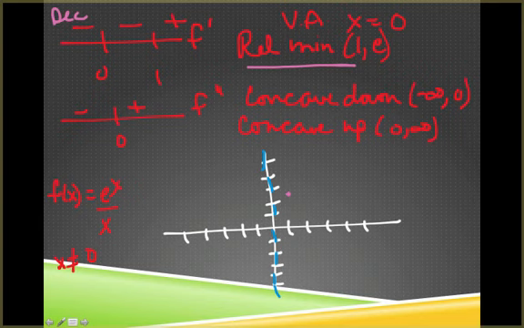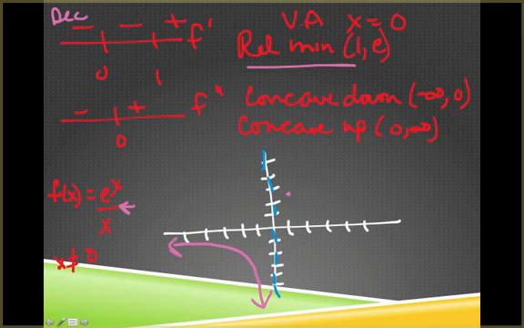So if I put -1 into my original problem, I don't really need to know what the answer is, although it would be e to the -1 over -1. I do know this, it's negative. And as a matter of fact, no matter what value of x I substitute into my original equation, everything less than 0 is going to give me a negative value. So remembering that we were decreasing and concave down, and we had negative values all the time, that's going to sketch in something that looks like this.